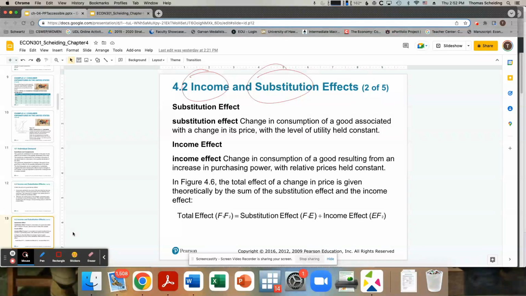Except for this, because now we're going to have to graph this out here. In the substitution effect, we're holding the level of utility constant, which would mean we want to be on the same indifference curve.